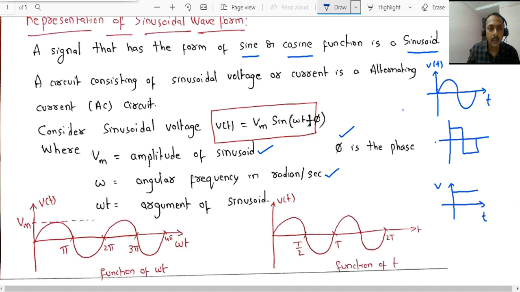Phi is the phase, and overall omega t is the argument of the sinusoid.